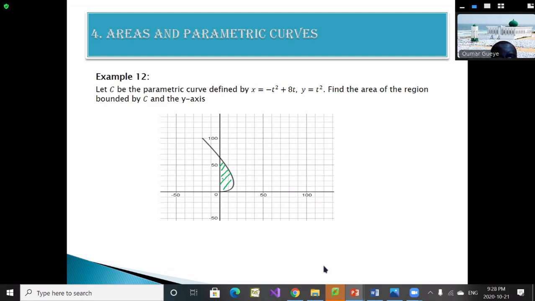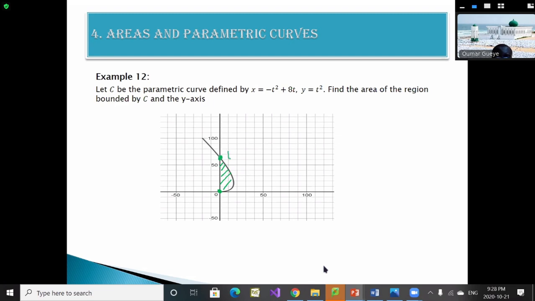So since the area is on the right of the y-axis, it means you apply the formula without adding a negative sign, because it's already positive. The integral is going to return a positive number. So what you have to do first is to find the values of t corresponding to these two points, the y-intercepts. That's what you want.